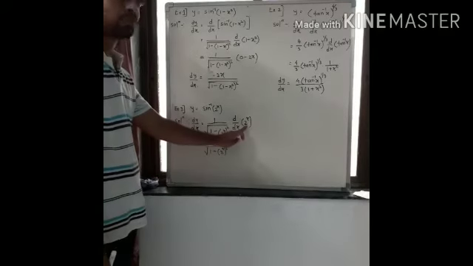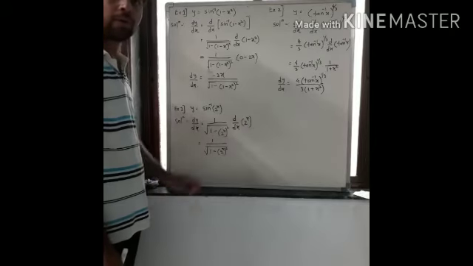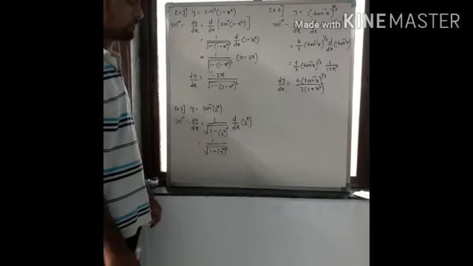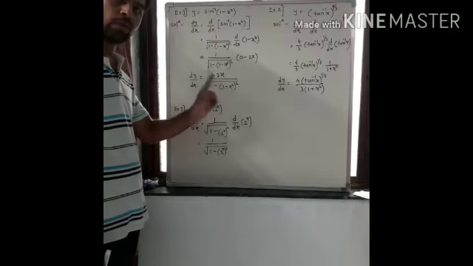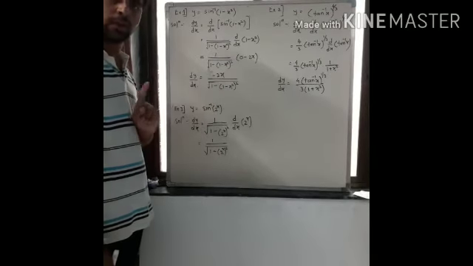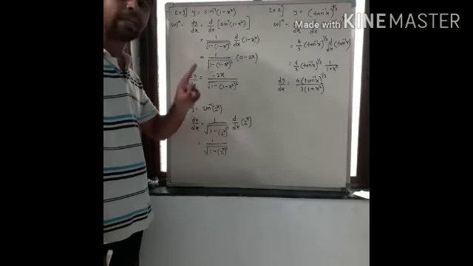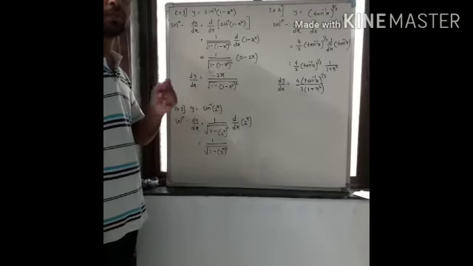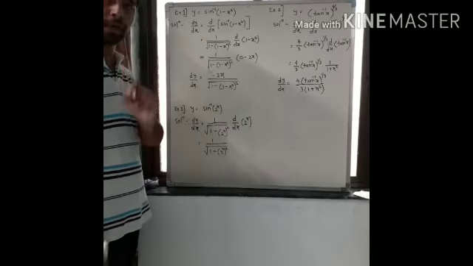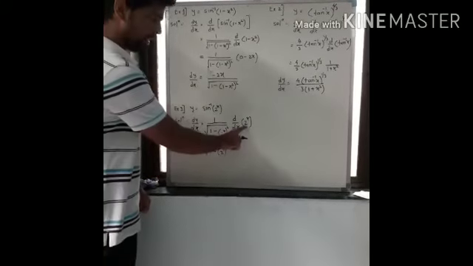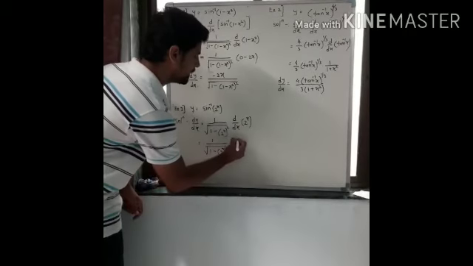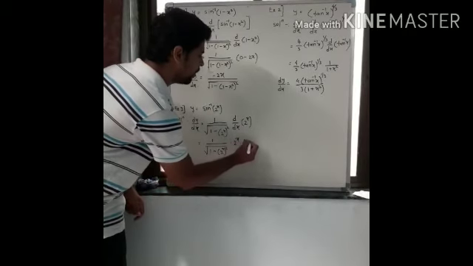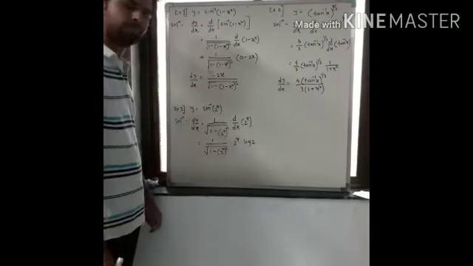In 2 raised to x, this 2 is a constant term and x is a variable, or you can call it a parameter also. So this is in the form of a raised to x, right? a was the constant term, x was the variable. So what was the derivative of a raised to x? It was a raised to x into log a, right? So here the derivative of 2 raised to x will be 2 raised to x into log 2.